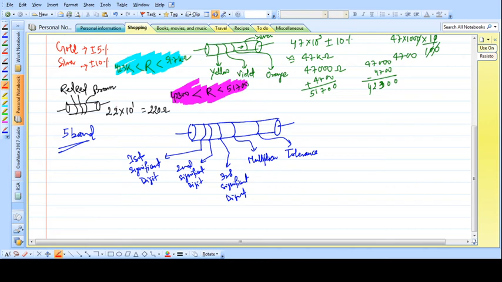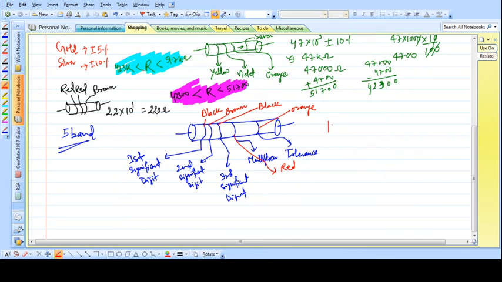Suppose this is black, black, brown, then black, black, and say the fourth one is red, and orange.